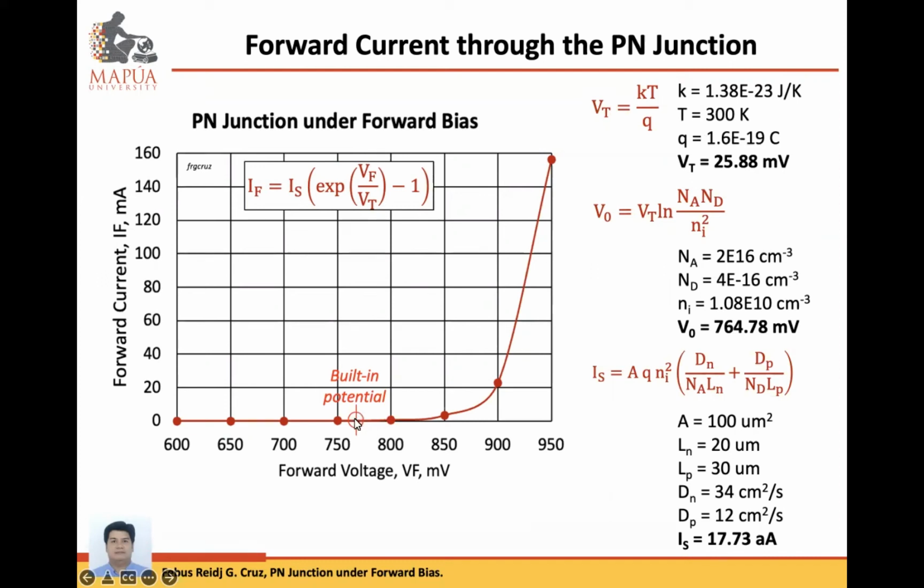Below this point, the PN junction is still not turned on. Above this value, the PN junction is forward biased or turned on. Here we have a sample measurement. At a forward bias equal to 900 millivolts, the computed forward current is 22.62 milliamperes. Again, you can try using the equations and let us see if we get the same answers.